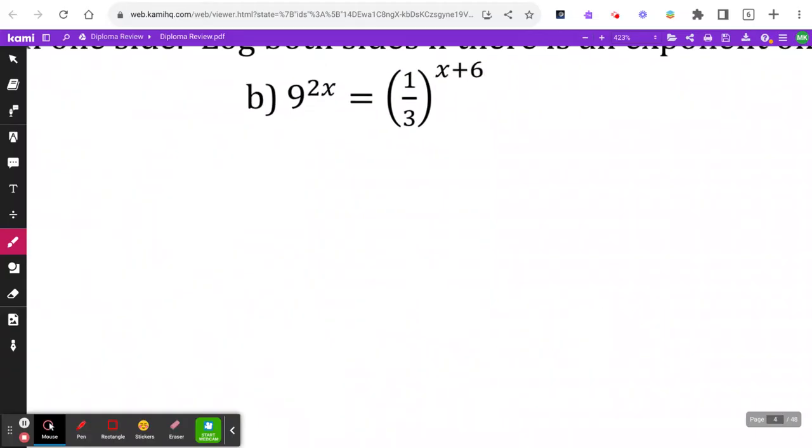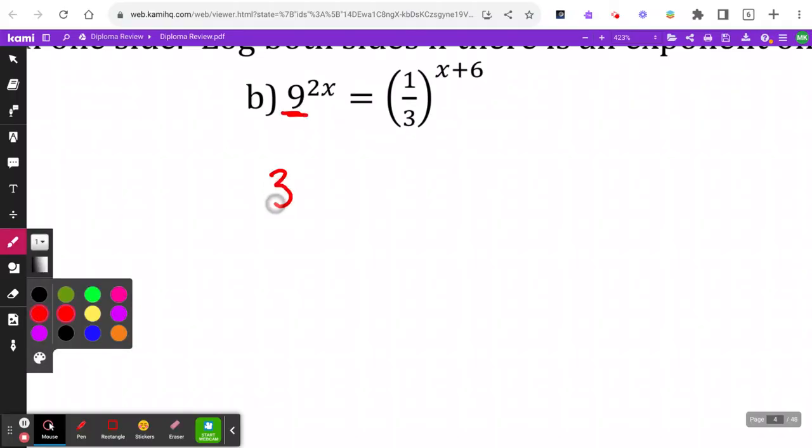Question B. X is in the exponent. So the first thing I check is, could I do this as same bases? You could do this as same bases. So 9, I know I could rewrite as 3 squared.